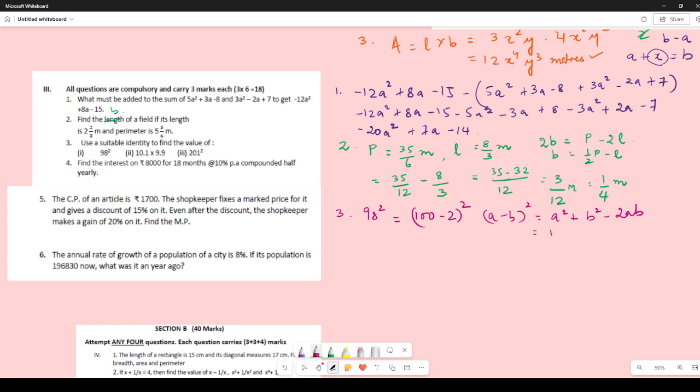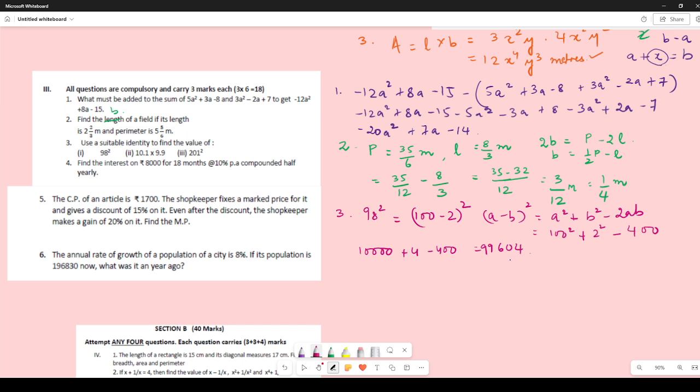So this will be equal to 100 square plus 2 square minus 2 into 100 into 2. That is minus 400. Got that? So you will have 10,000 plus 4 minus 400, which is 9,604. That will be the value.